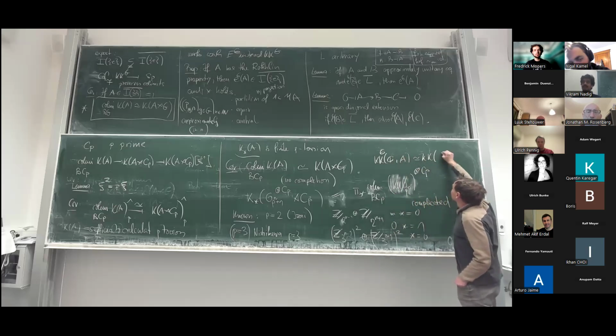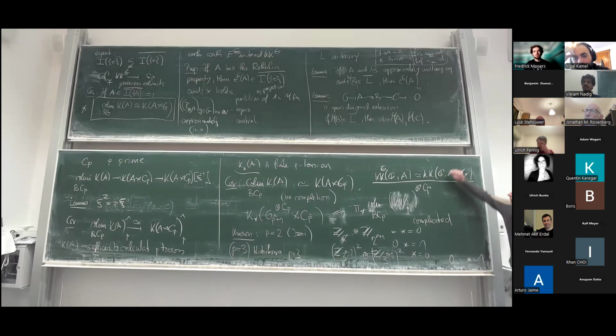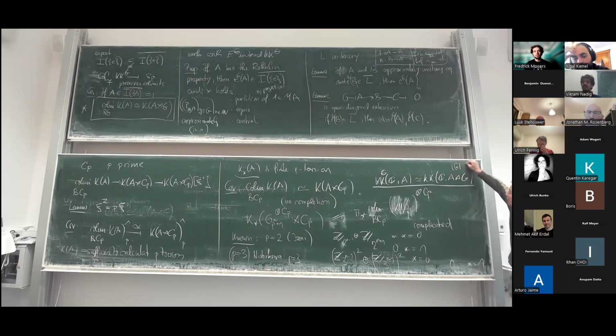Yeah. This formula should agree with the universal coefficient theorem of Lewis and Mandell for equivariant K-theory. Have you looked into that? Does that give the same formula, basically?